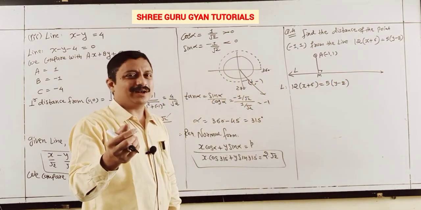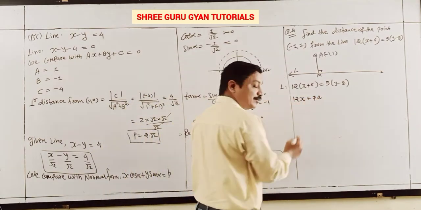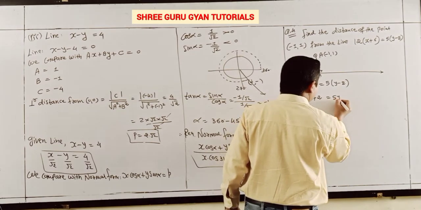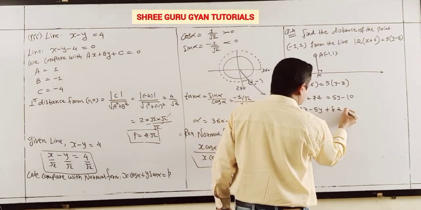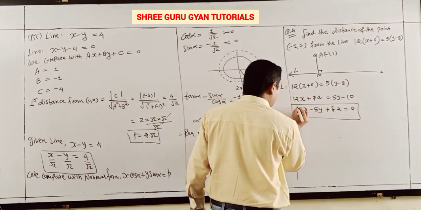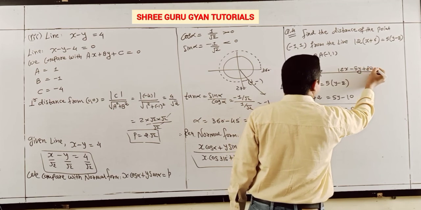You do only simplification. 12x plus 72, and here 5y minus 10. So 12x minus 5y plus 82. Here, students, we can write our line as 12x minus 5y plus 82.